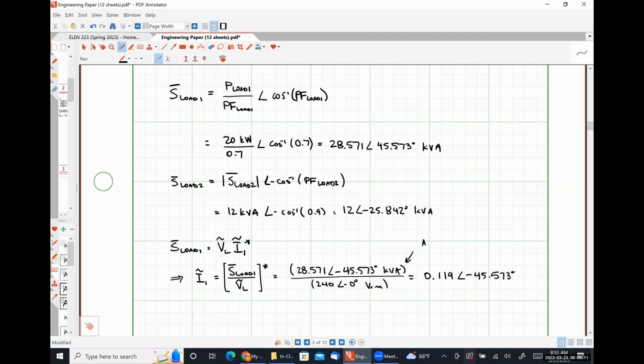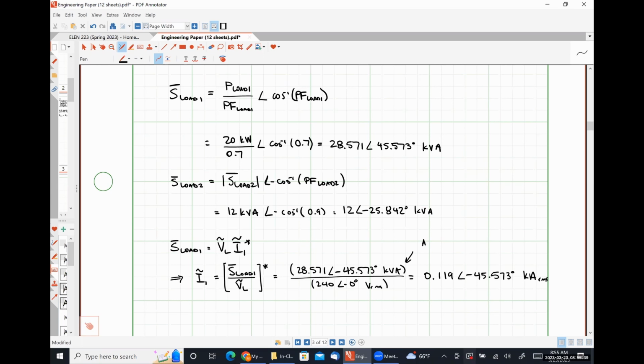What are my units here? It's going to be kiloamps, because I have kilovolt amperes divided by volts is going to give me kiloamps, right? So kiloamps RMS.